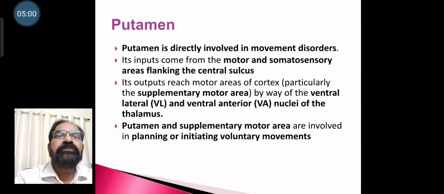Its inputs come from the motor and somatosensory areas that flank the central sulcus. Its output reaches motor areas of the cortex, particularly the supplementary motor area, by way of the ventral lateral and ventral anterior nucleus of the thalamus. Putamen and supplementary motor areas are involved in planning and initiating voluntary movements.